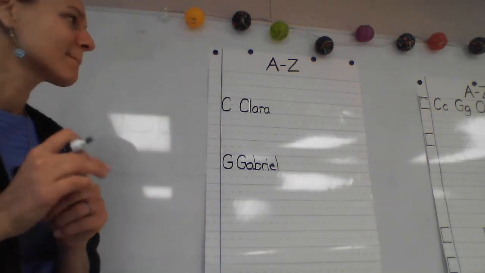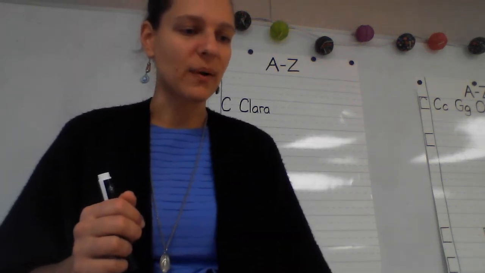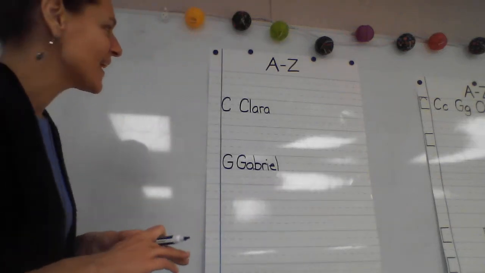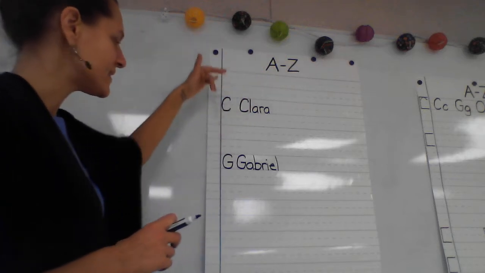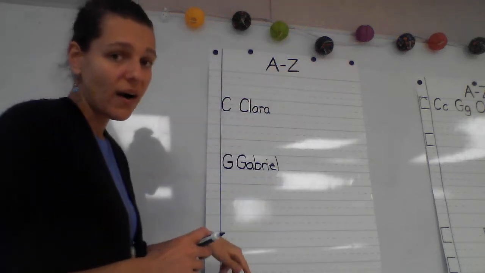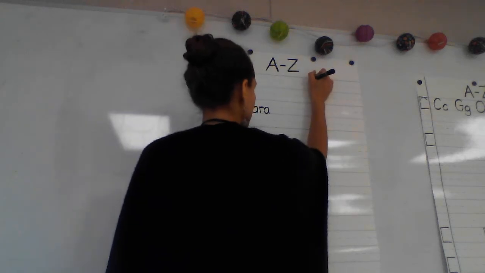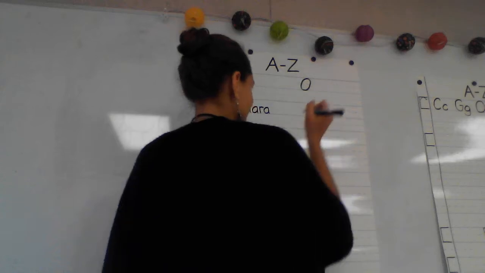All right, the next one we're going to write is our capital A, O, U. All right, so I'm going to put it over on the other side because I need to make two columns for all my letters to fit. So over here, I'm going to put my capital A, O, U. All right.